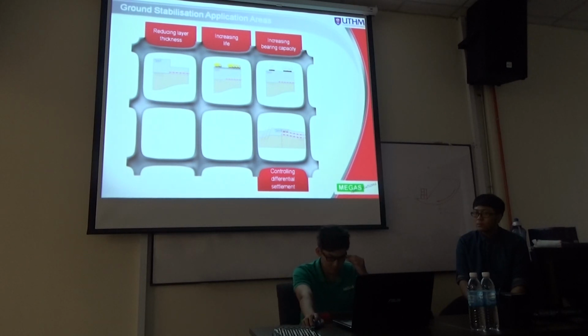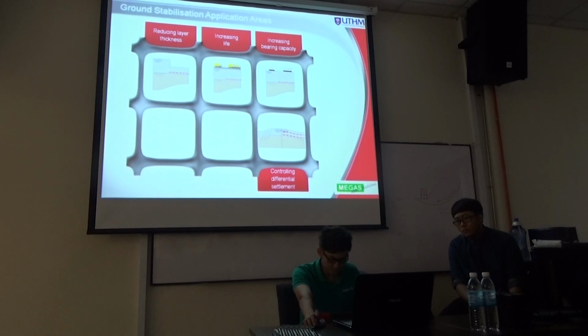Differential settlement is when I have one platform at the left hand side and one at the right hand side, and the settlement rate between them is different. The right hand side settles faster, this one slower, so over time you will have the differential settlement.